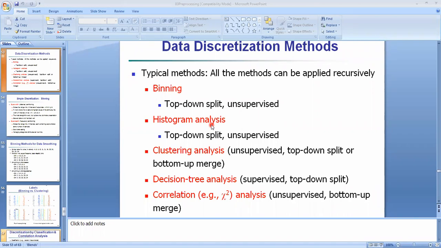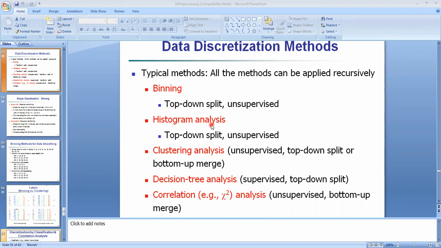So clustering analysis is an unsupervised data discretization method, which can be a top down split or a bottom up merge.